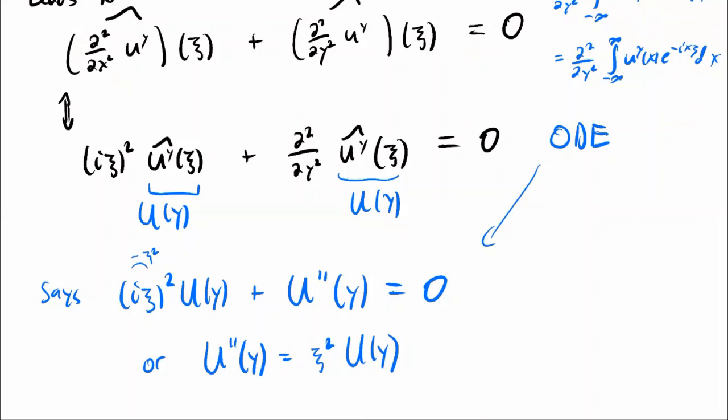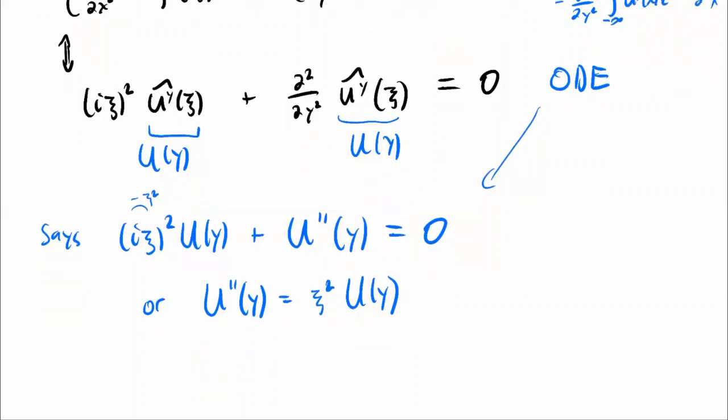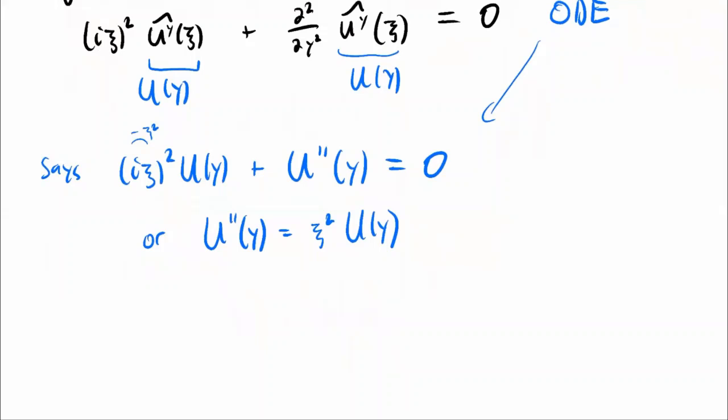Okay, and so now we've taken a complicated partial differential equation, which is Laplace's equation in a certain domain, and we've reduced it to just a one variable ordinary differential equation. So notice this ξ here is fixed for now, it doesn't depend on y. And so let's just solve this now as a function of y.